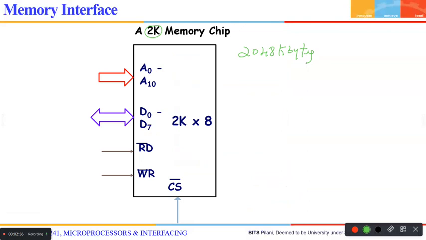2 to the power of 11, right? Yes or no? You all know that 2 to the power of 20 can address 1 mega locations. How many address lines are required to locate 2048 locations? 11. 2 to the power of 11 is 2048. 2 to the power of 20 is 1 mega.